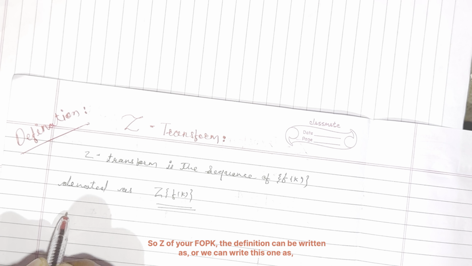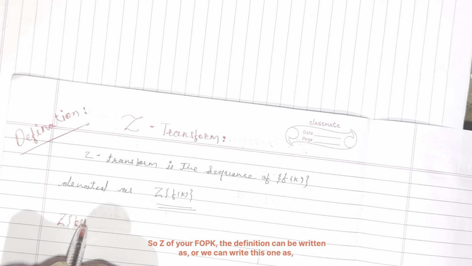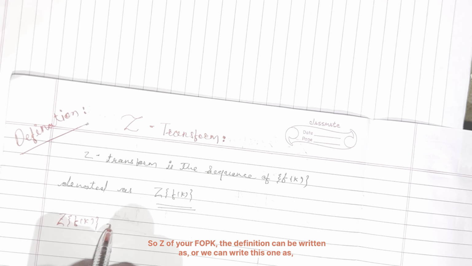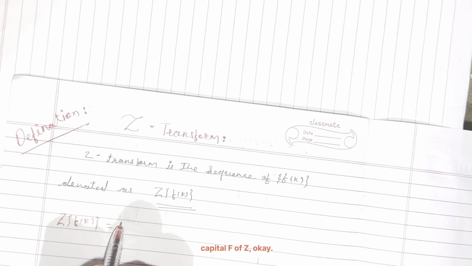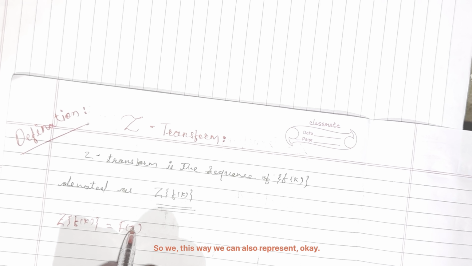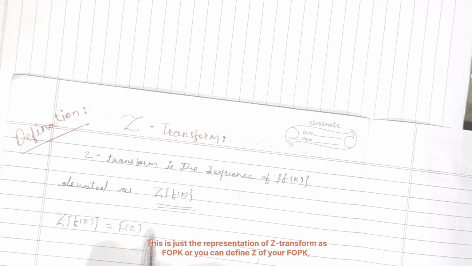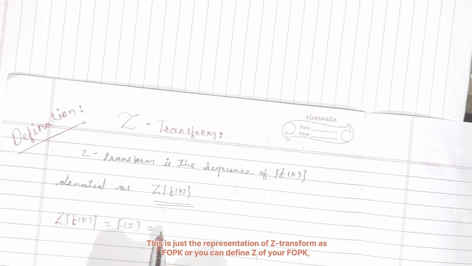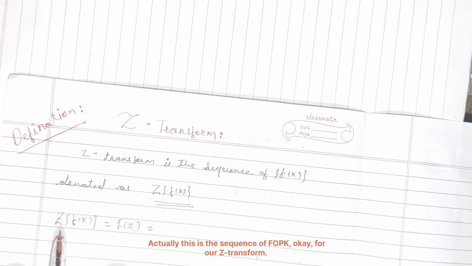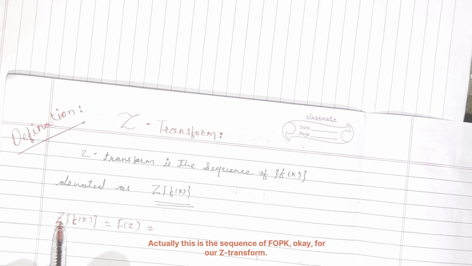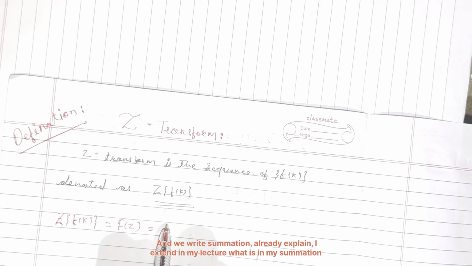So Z of f of k, the definition can be written as, or we can write this as capital F of z. This is just a representation of the Z transform, F of z, or Z of f of k. Actually this is the sequence f of k for our Z transform, and we write a summation.